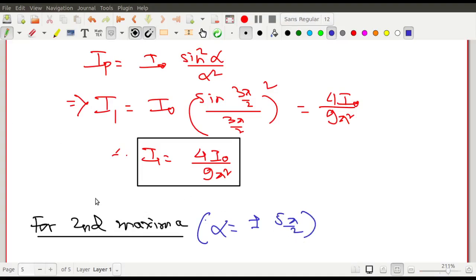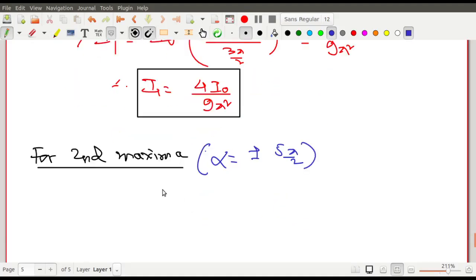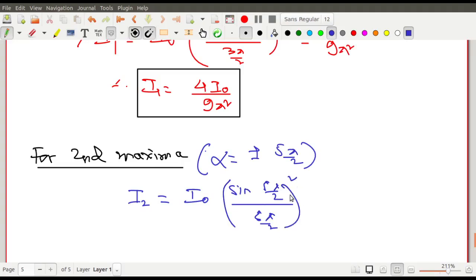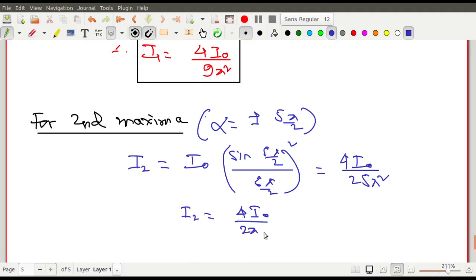So if you plug that in, I2 will be I0 times sine of 5 pi by 2 over 5 pi by 2, and that whole thing squared. So this gives me 4 by 25, so 4I0 by 25 pi square. So I2 is 4I0 by 25 pi square.